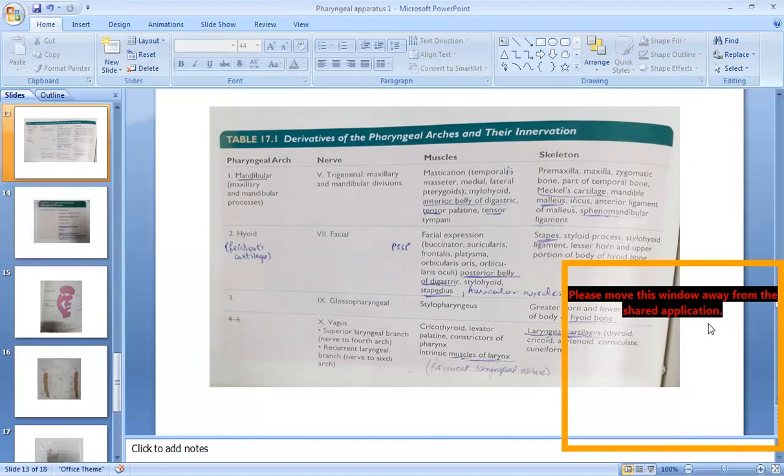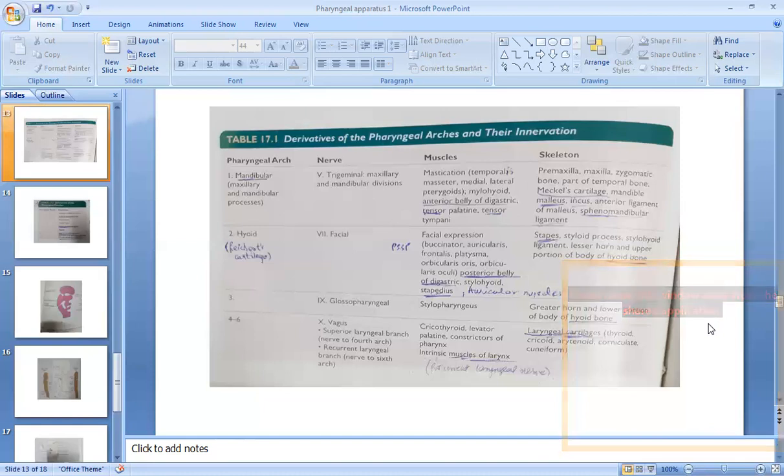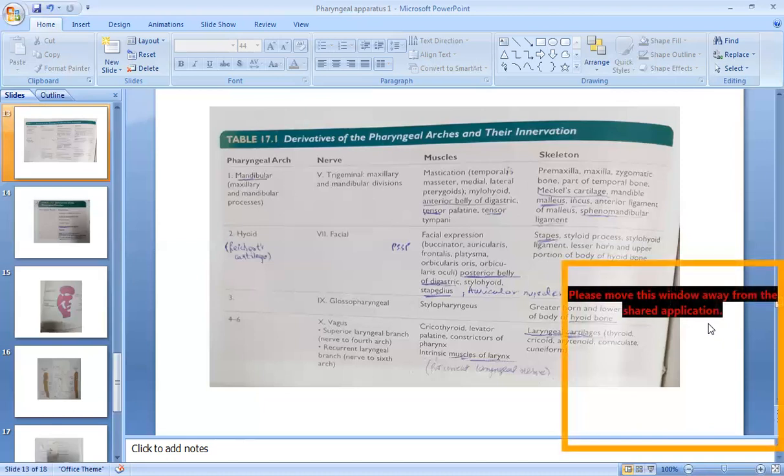The cricothyroid muscle of the larynx, which is an extrinsic muscle of the larynx, is supplied by the superior laryngeal branch. Cricothyroid, levator palatini, constrictors of pharynx, and the intrinsic muscles of the larynx are supplied by the recurrent laryngeal nerve.